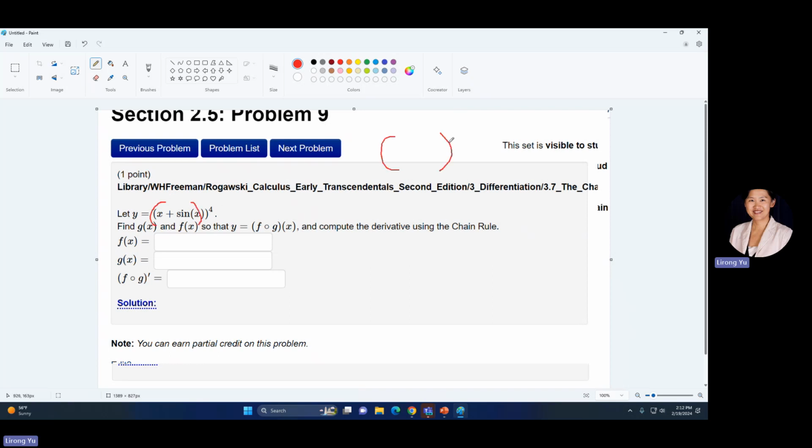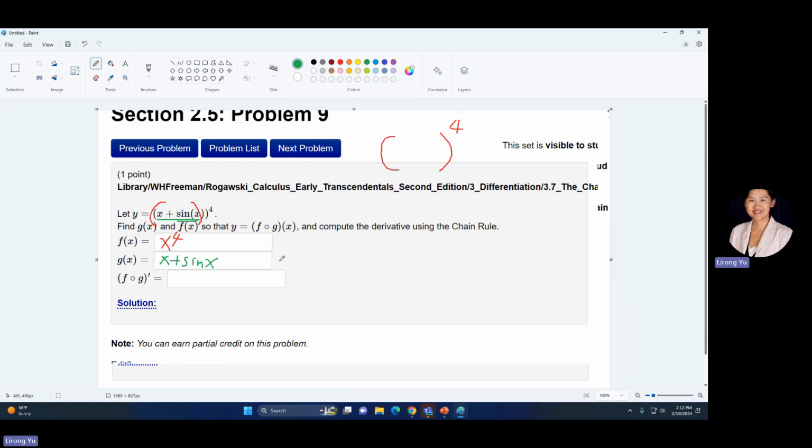To me, it's something to the power 4. So the power 4, to me, is the outer function that is taking the input and making it a power 4. And then other than the power 4 part, everything that is stuck inside is considered the inner function, the inside function. So I will write x plus sine of x as the inside function.